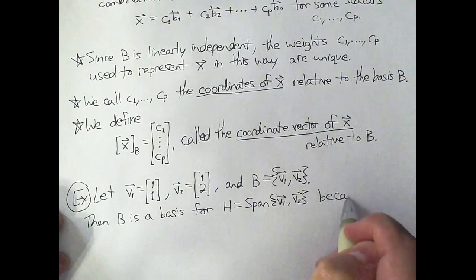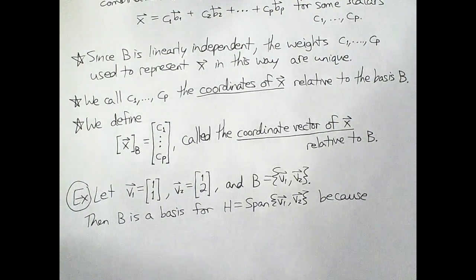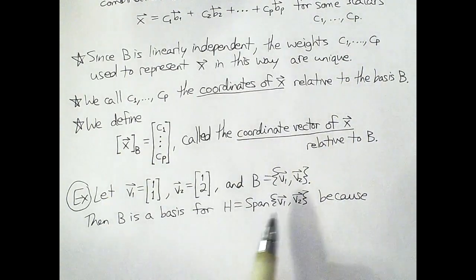Because, well, first of all, we know that H is a subspace of R2, right? I didn't write that out. H is a subspace of R2. I know it is because when we define subspaces, one of the main examples we gave of subspaces were things that are written in this form, a span of some vectors.